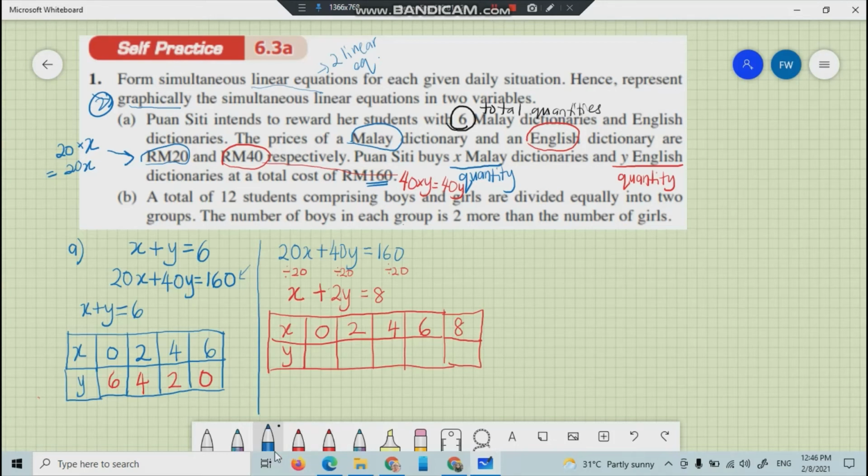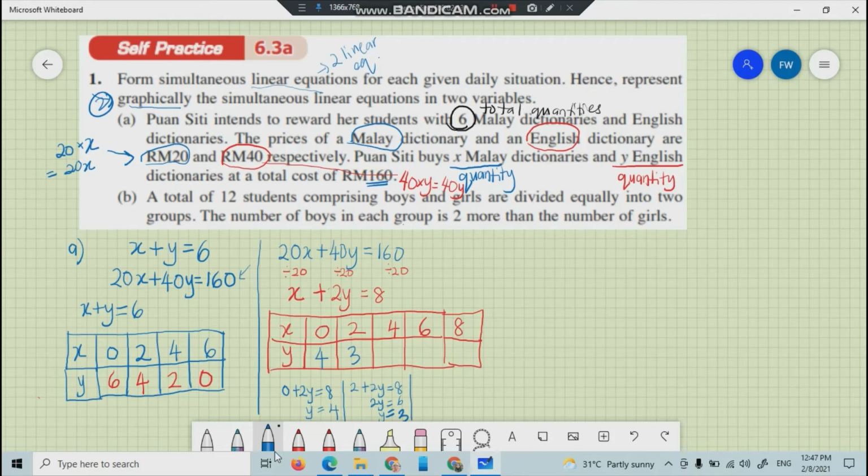Then I give values for x, and I need to calculate for y. When x is 0, 0 plus 2y equal 8, then you will have y is 4. When x is 2, you need to calculate for y, you will have y is 3.